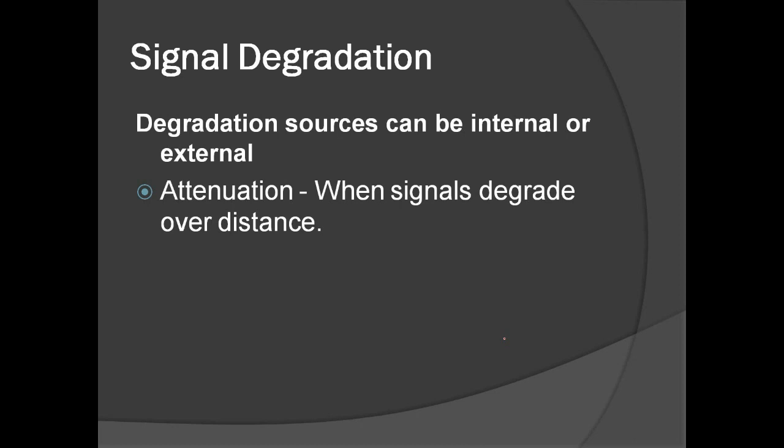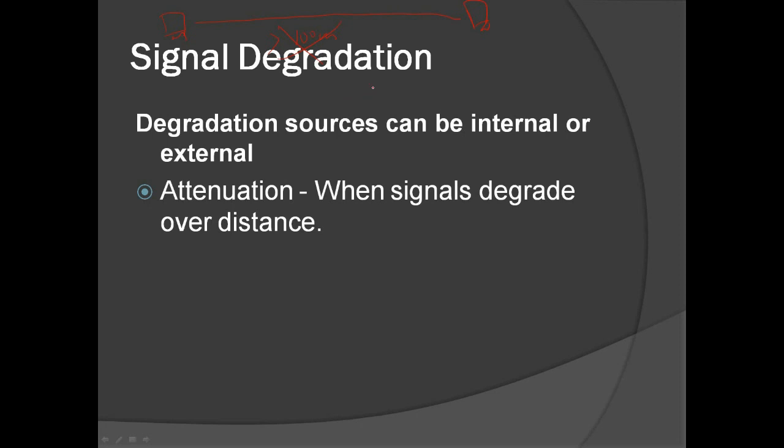In the case of Cat5 cable or UTP cable, the maximum distance is 100 meters. So for example, if you're going to deploy from one computer going to another computer, you should not exceed the 100-meter distance. Okay? So that's the maximum distance for the Cat5 cable.